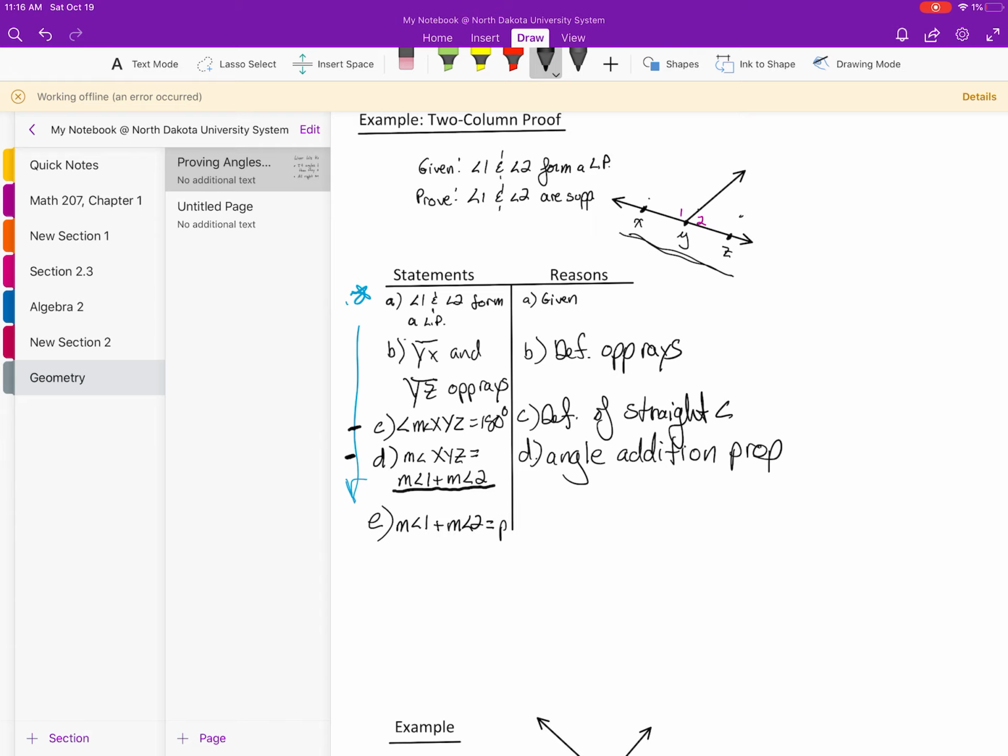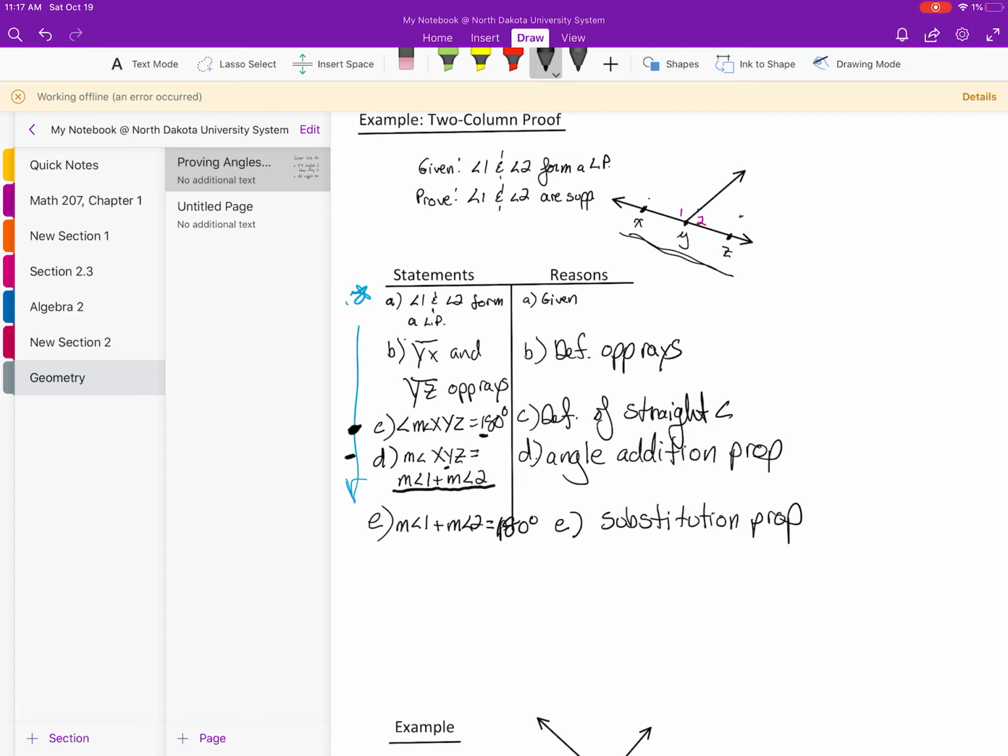Measure of angle 1 plus measure of angle 2 equals 180 degrees. And that's just, believe it or not, the substitution property. Why is that the substitution property? Well, up here we said measure of angle XYZ equals 180 degrees.